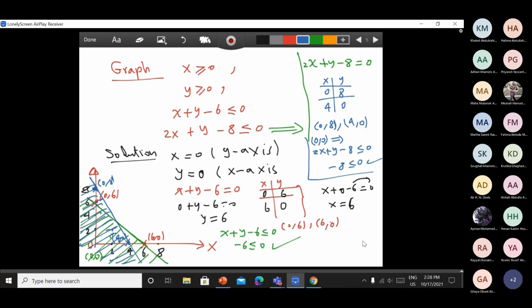Now I have x equal to 0, this is the y-axis, and y equal to 0, this is the x-axis. I know this one from the beginning. So yes, I have this one, and also that one.